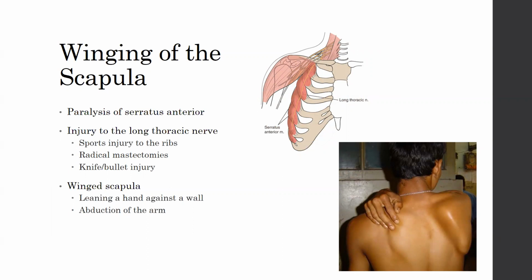And that occurs from injury to the long thoracic nerve, which supplies serratus anterior. This comes off the brachial plexus really early, and you can get injury in sports tackles, radical mastectomies, which involve dissection of the lymph nodes, and knife injuries or bullet injuries, and that can lead to a winged scapula, especially if you're leaning your hand against the wall.